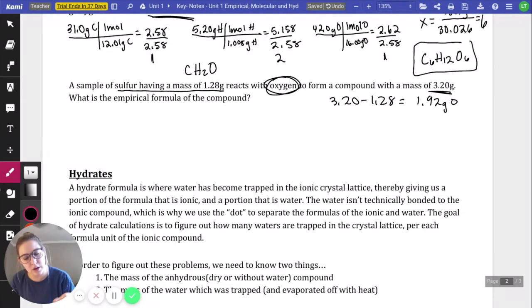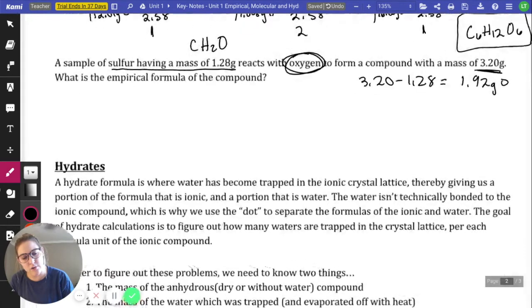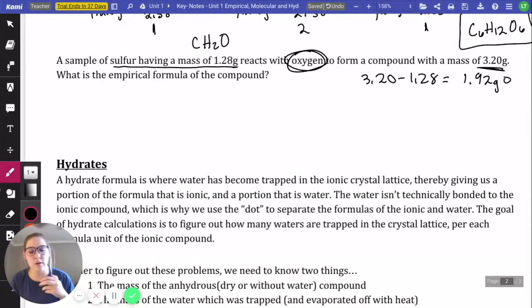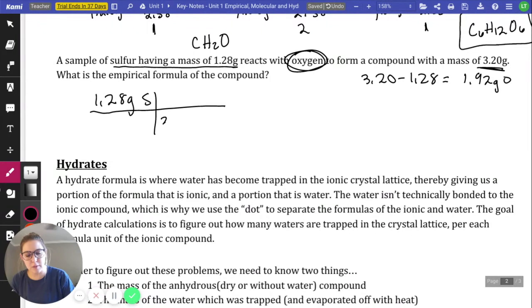Y'all are smart. All right, so now percent to gram. Done. We're already in grams. Grams to mole. So I have 1.28 grams of sulfur. I know that my molar mass of sulfur is 32.06. I know that that would be 1 mole of sulfur.